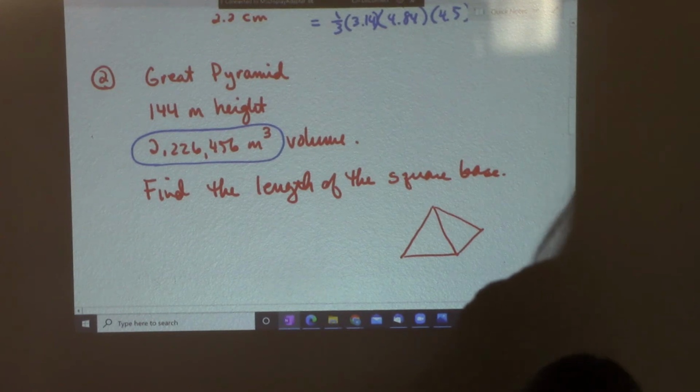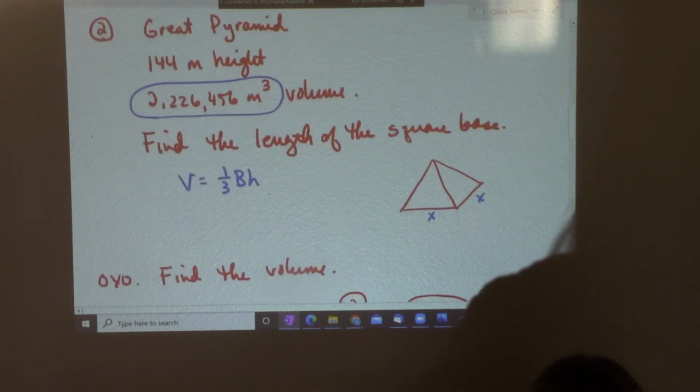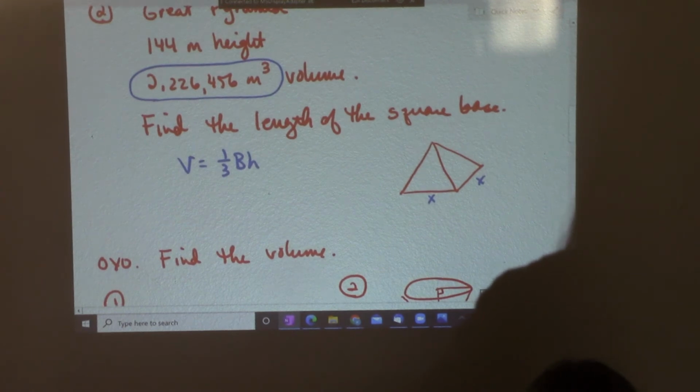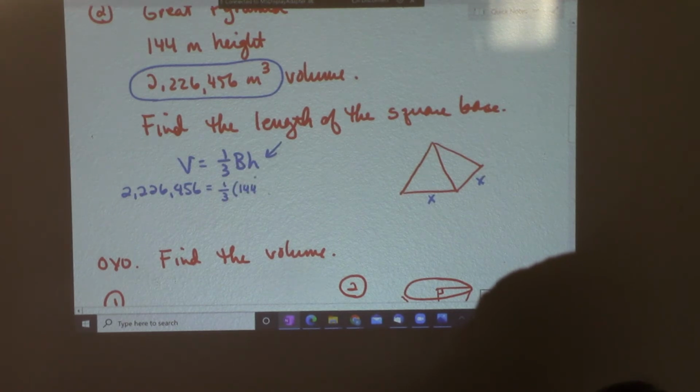So we want to find this. It was a square base. So we're going to start with our volume formula, and then we're going to figure everything out. So I am told the volume already, and I have 1/3, and I'm told the height right here was 144. What I don't know is this length here.